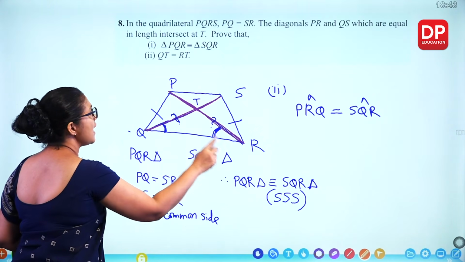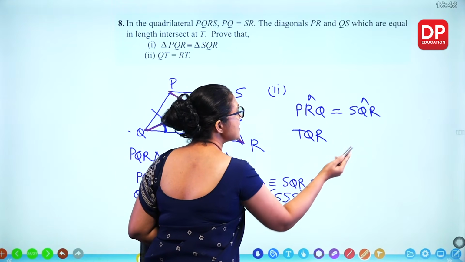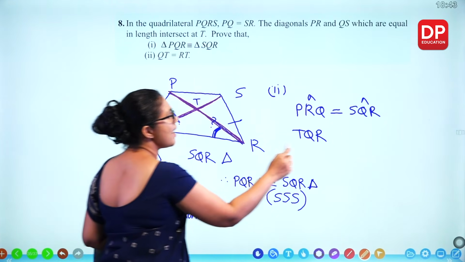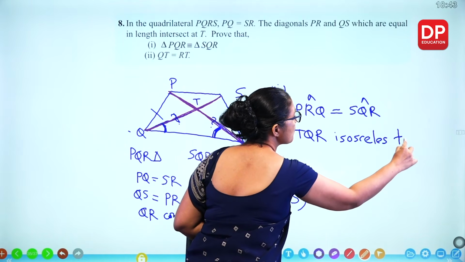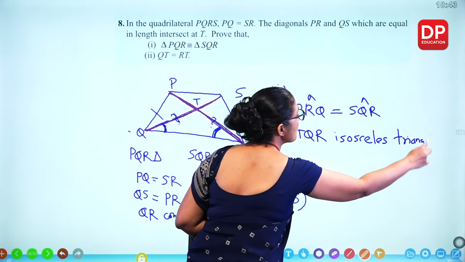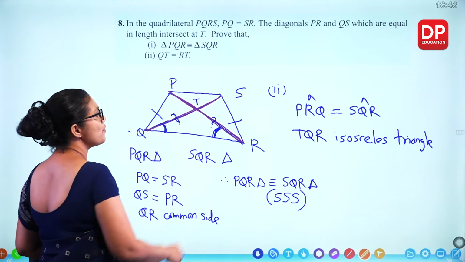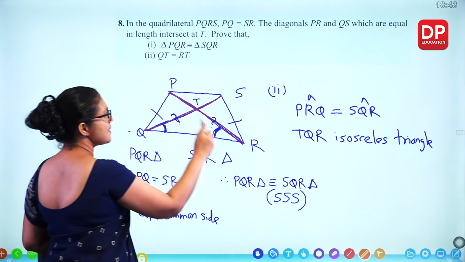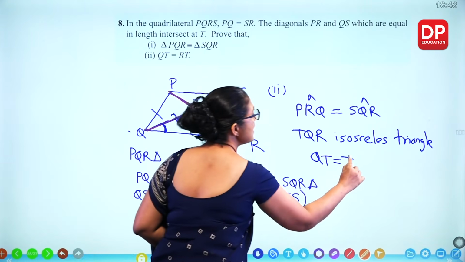So now if you take triangle TQR, we can see this is an isosceles triangle. So if this is an isosceles triangle, what can you say about the sides? We can say QT is equal to TR.